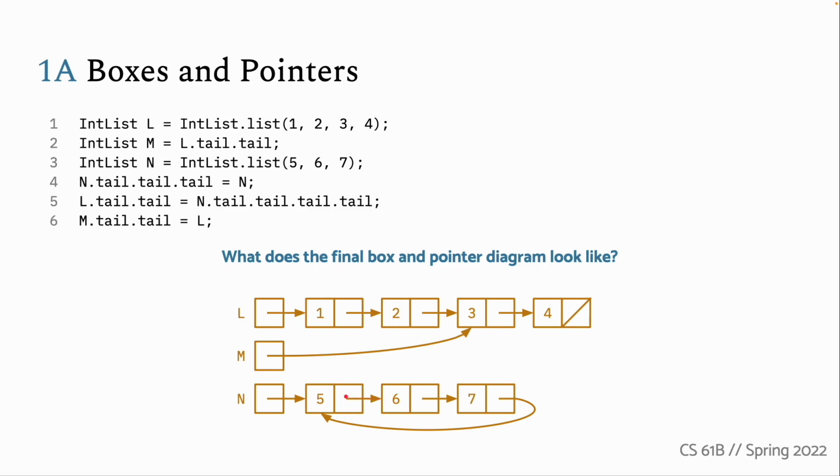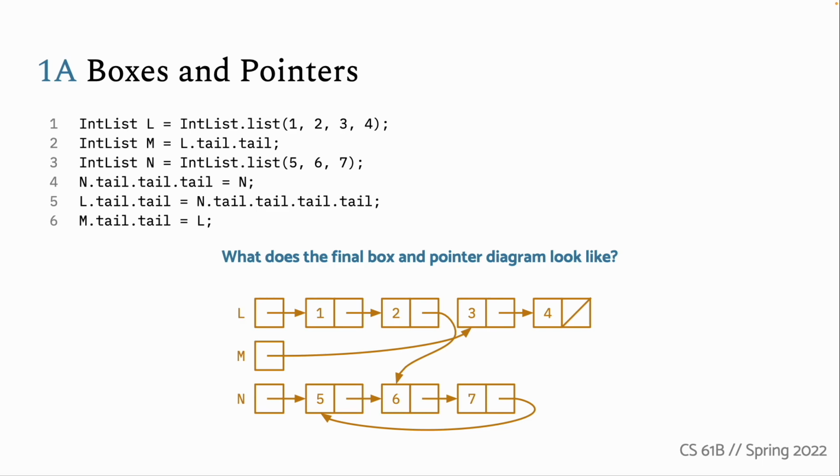So the pointer that we're going to be copying over is this pointer, the one that points at the 6th int list. And we're going to be copying over that into L.tail.tail, so that's L.tail, and then L.tail.tail. So this 2 int list tail is now going to point at this 6, which looks just like this.